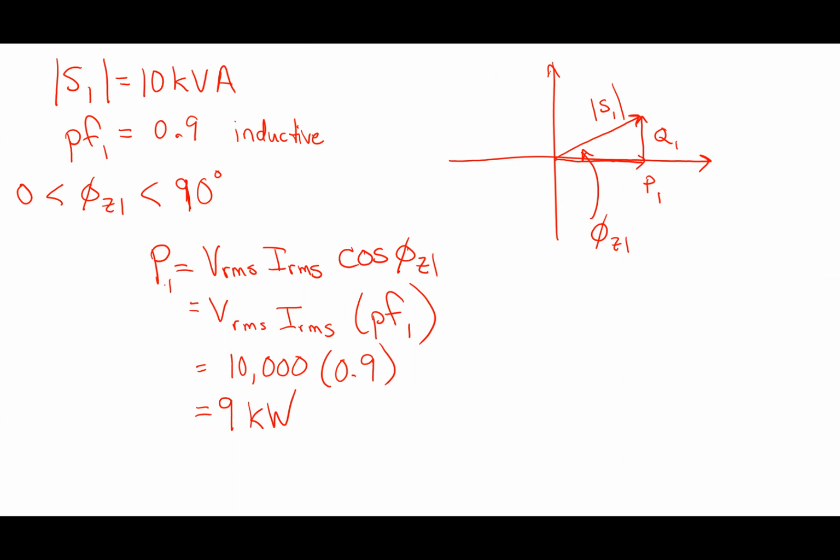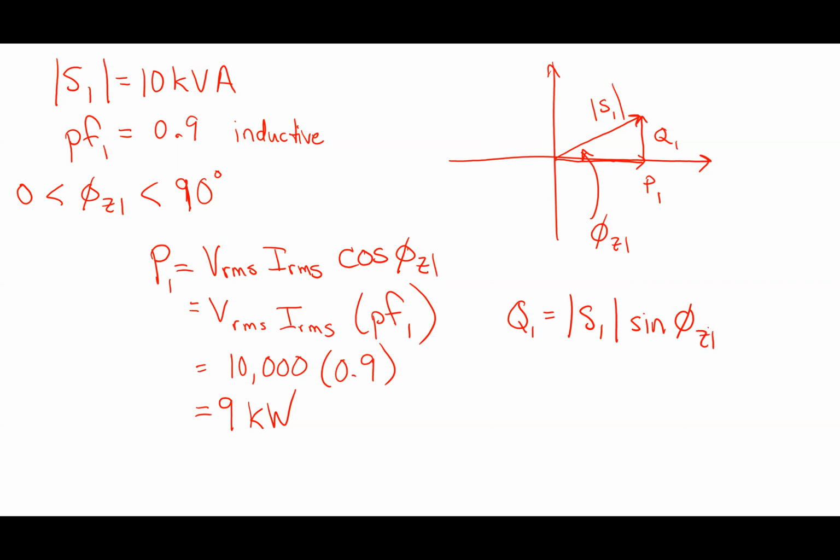Now, how do I figure out Q1? It's the magnitude of S1 times the sine of phi Z1.